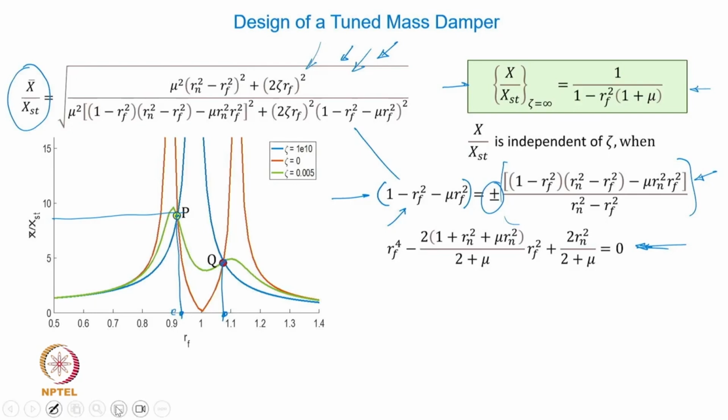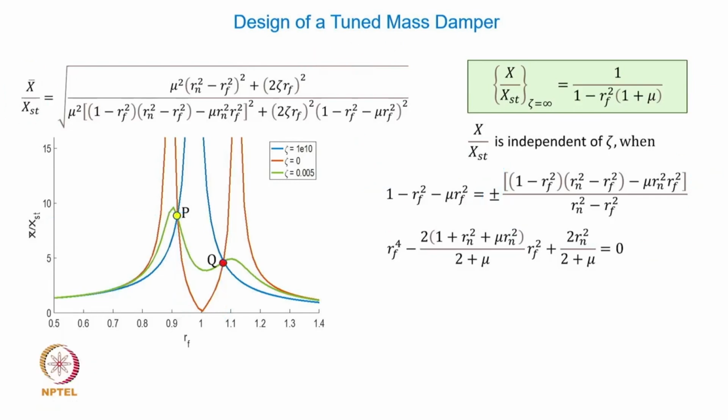So what we have done is that we found that if this is satisfied, the expression x over xst is independent of zeta, and that is basically referring to these 2 points where the amplitudes are independent of zeta, whether zeta is equal to 0 here or infinity or some 0.005 value here. All of them will pass through these points.